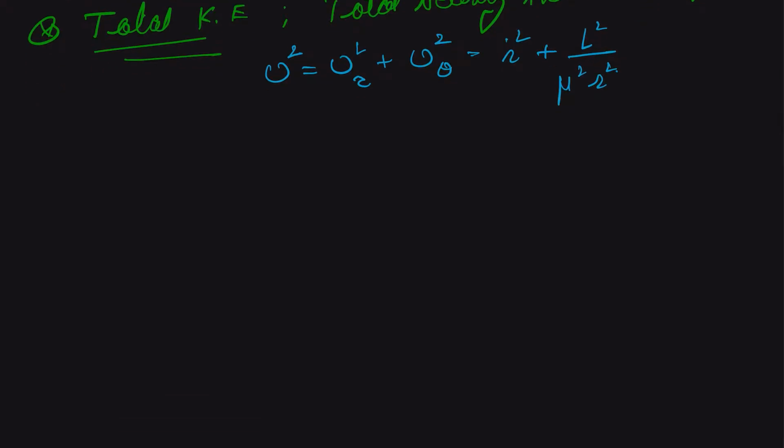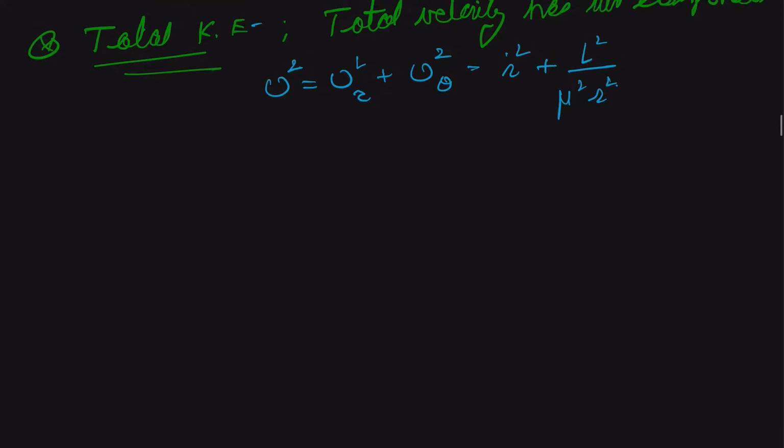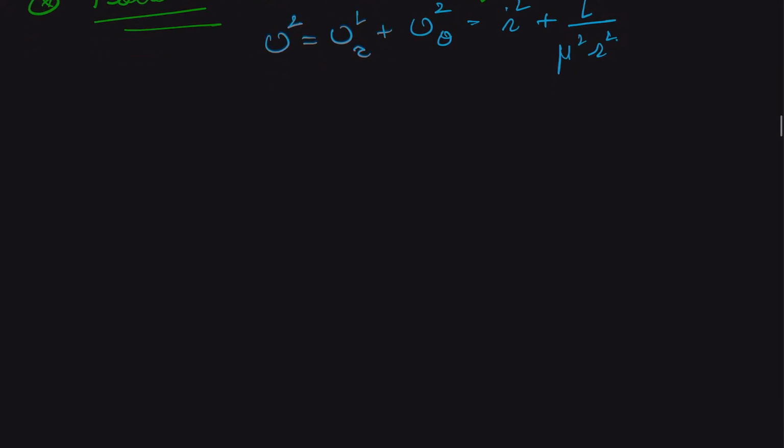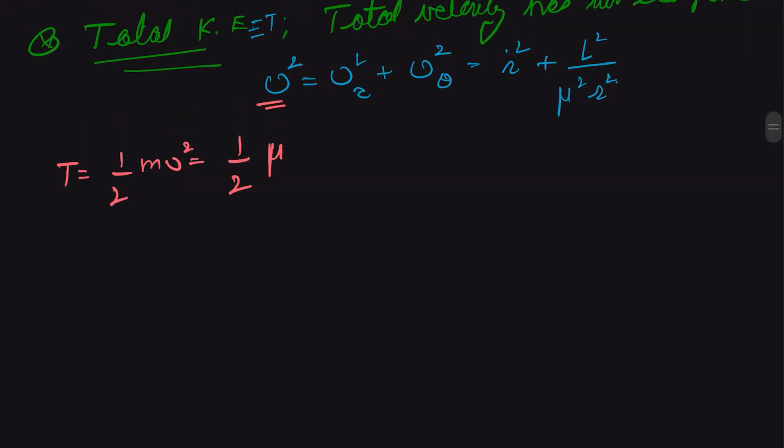Therefore we can say that this total kinetic energy, if represented as T, is equal to half m v square. We just found out, so we can write this as half mu R dot square plus half mu times L square upon mu square R square.